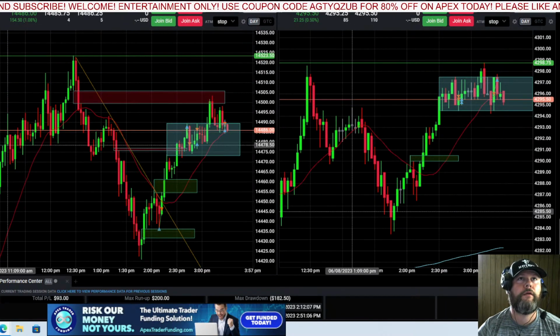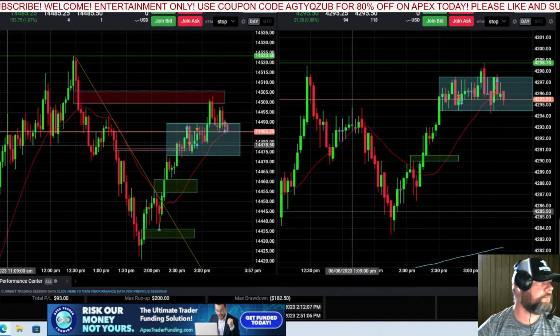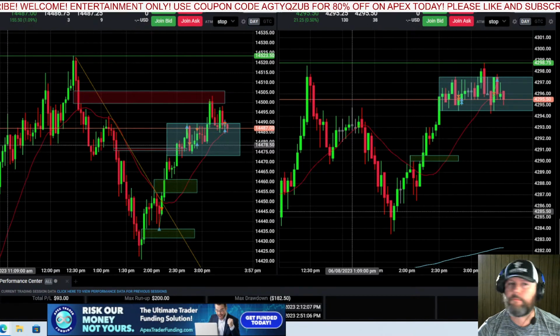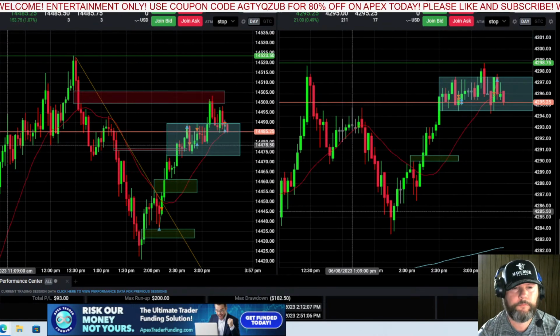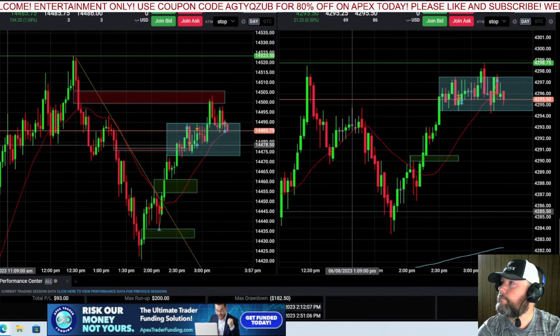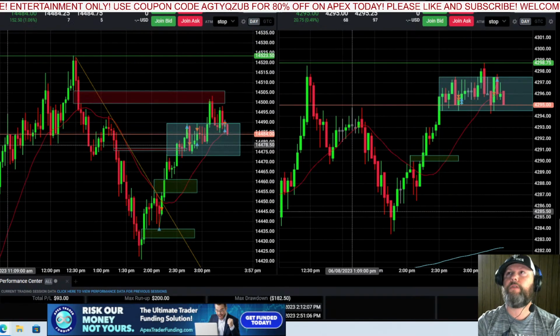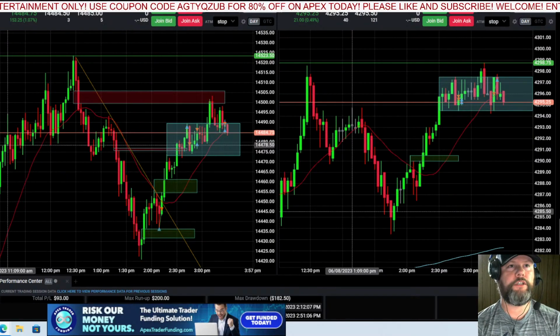All right, kind of moving down lower here again. Trading back into this kind of no trade range that we marked out earlier, which we just took a trade in.